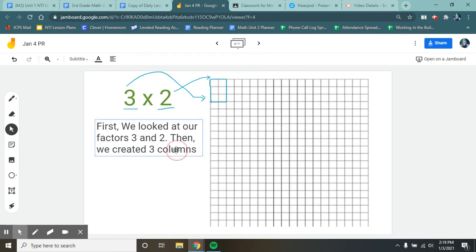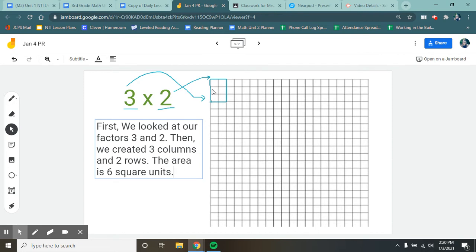And we created 2 rows going across. Right? The area is 6 square units. So we are going to find the area.